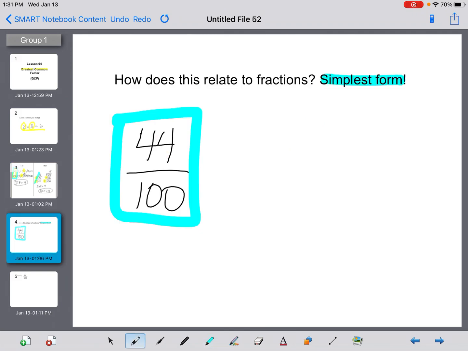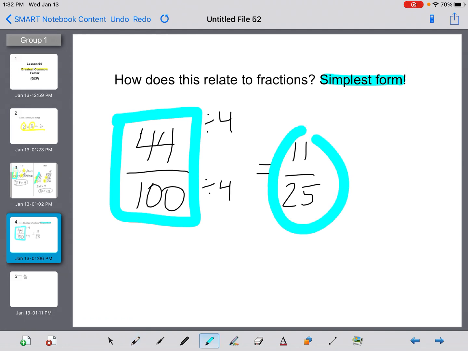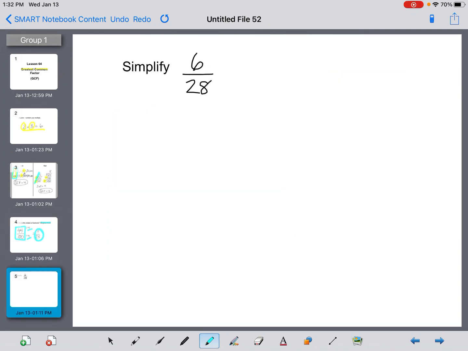Okay, so because the GCF of 44 and 100 is 4, we divide the top by 4, and we divide the bottom by 4, and we end up with 11 over 25, and that fraction is in simplest form. So you use the GCF, that's the number you divide the numerator and the denominator by to get simplest form.